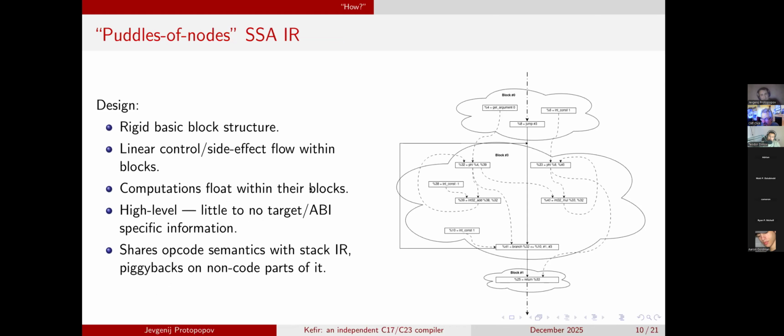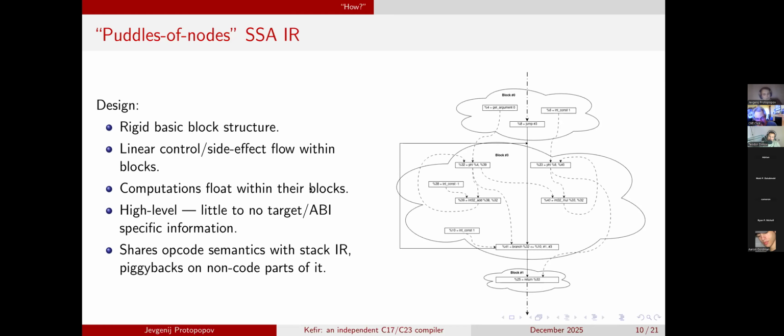So the SSA IR, this architecture, I was inspired a bit actually by your work, but it's more constrained. I called it puddles of nodes. It's not a true sea of nodes.